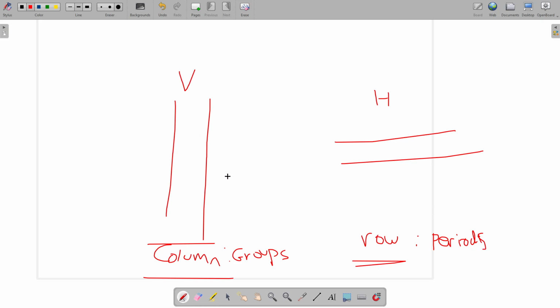Now, a group, elements in a group have similar properties. Like they might say chemical properties, same thing.